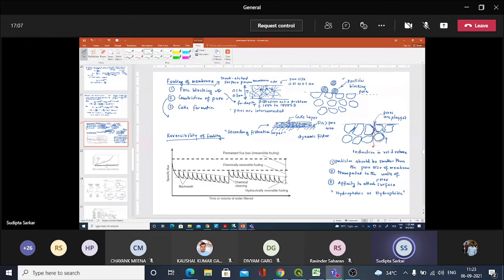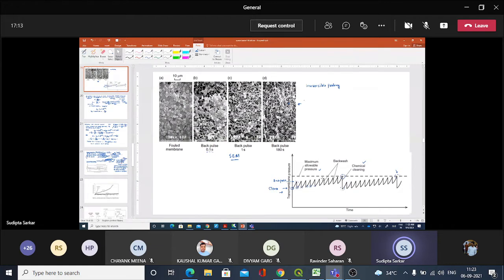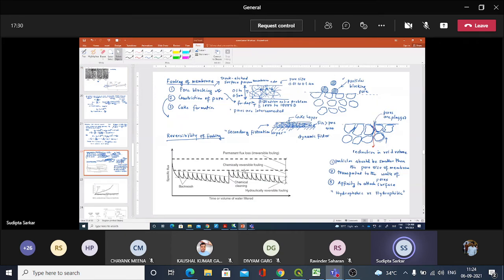So in a previous class we saw a particular way of cleaning our filtration membranes. And we said that if it reaches a maximum level of pressure, it should be cleaned chemically. So let us also see what happens in a real life scenario.